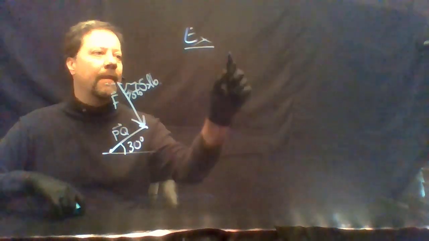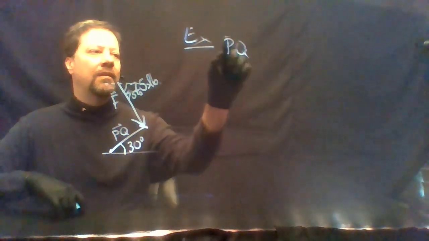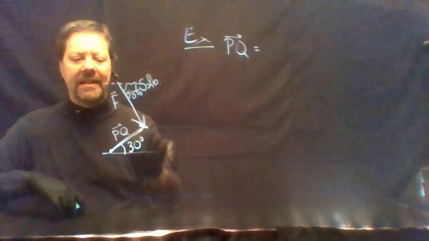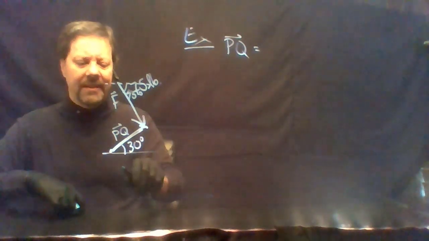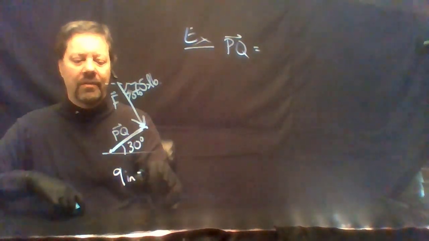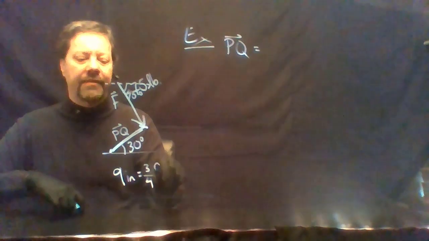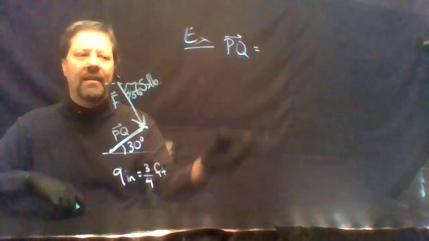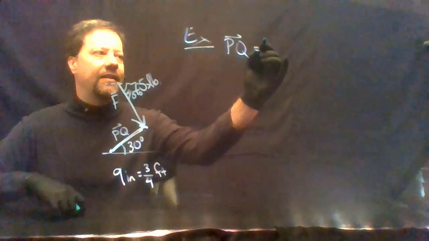So this is my force, and this is my lever arm, PQ. First of all, what is PQ? How long is this lever arm? It's a bicycle pedal. Let's suppose that it's 9 inches, which is 3/4 of a foot. The magnitude of that vector then is 3/4.